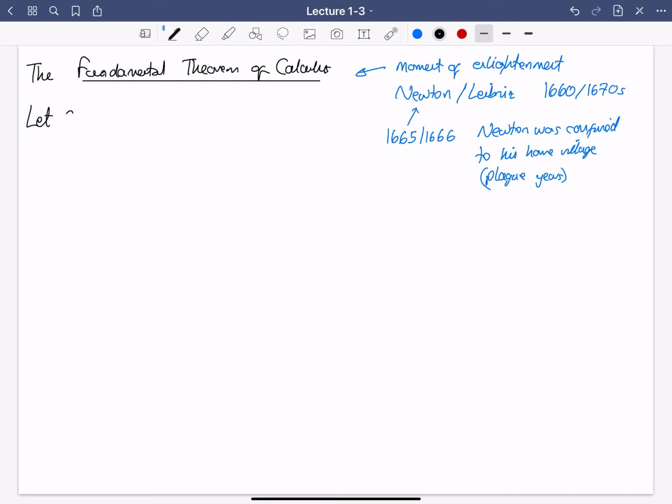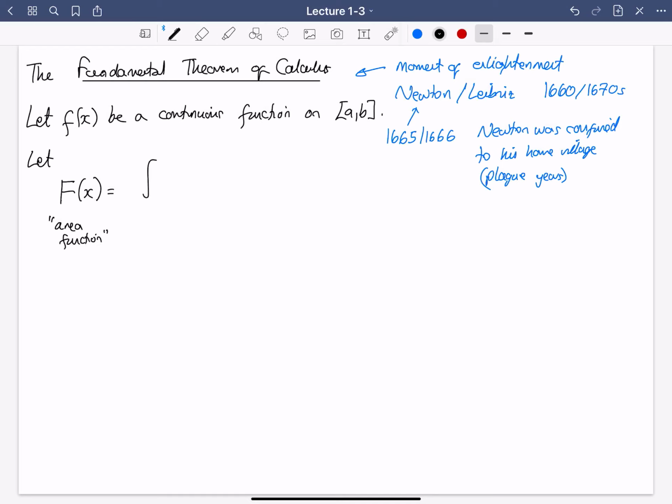It says let f of x be a continuous function on some closed bounded interval [a, b]. And then I'm going to introduce a new function which I'm going to call capital F of x. I'll often call this new function the area function.